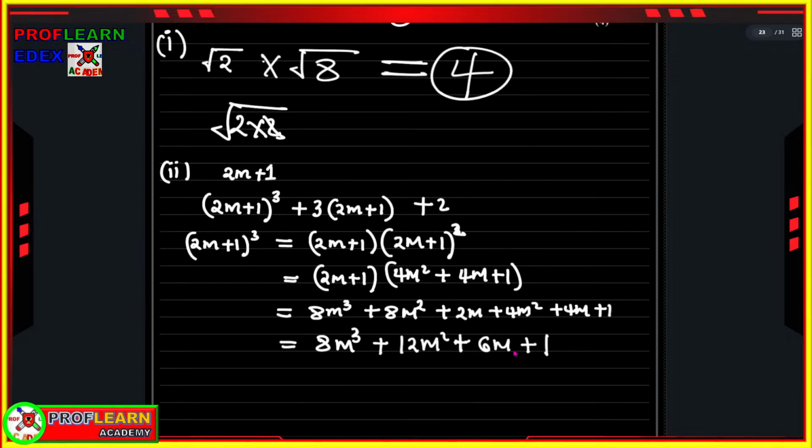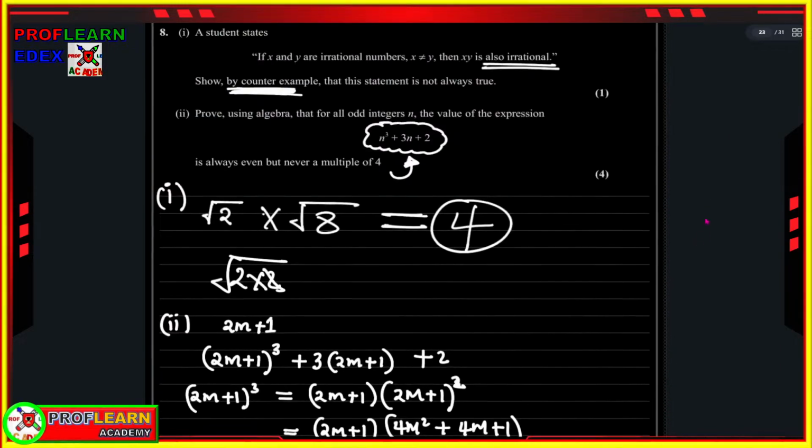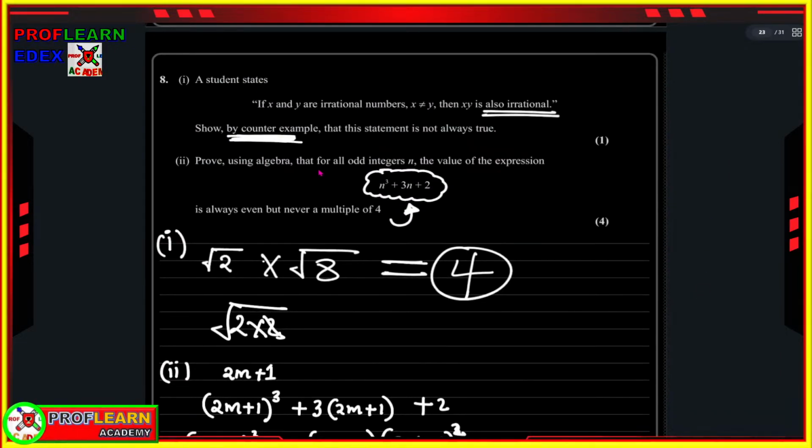So once we have this, let's go back to the statement: prove using algebra that for all odd integers. That's why I came up with 2m plus 1. 2m plus 1 is an odd number. 2m is an even number, but if I say plus 1, now it becomes an odd number.